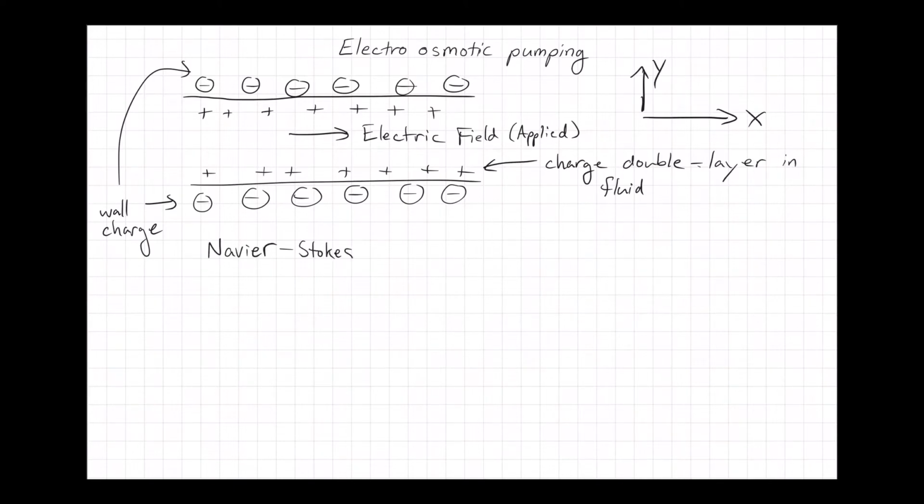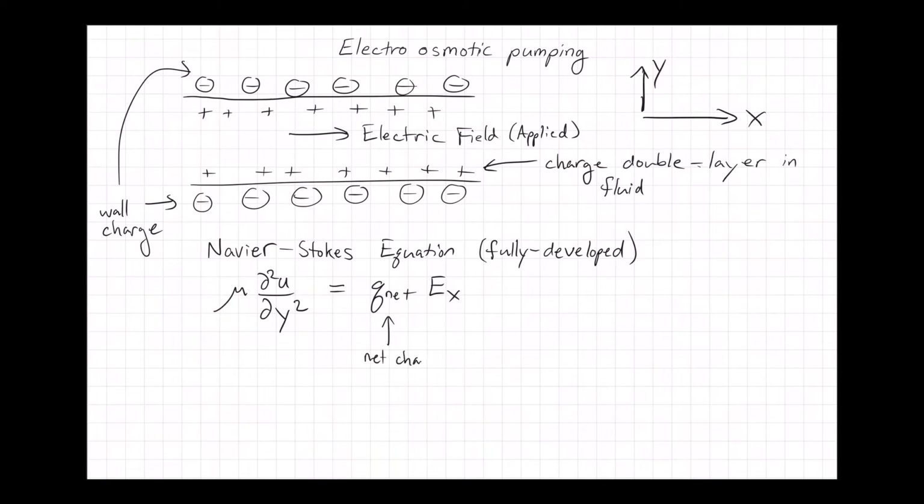So let me write out the Navier-Stokes equation inside the entire fluid channel. I'm going to assume that there's fully developed flow here. In that case, mu, the viscosity, times the second derivative of the velocity along the y direction will be balanced by the forcing function, which is the net charge density times the electric field.